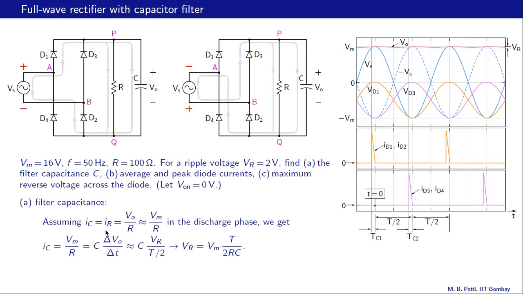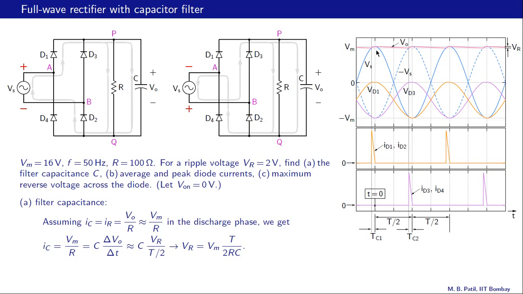So IC is equal to IR, and since VO is nearly constant, we have IC equal to Vm by R. The capacitor current is given by C dV/dt, and since this variation is once again linear, we can replace dV/dt by delta VO by delta T. Delta VO is the same as ripple voltage here, and delta T is the duration of the discharge interval.